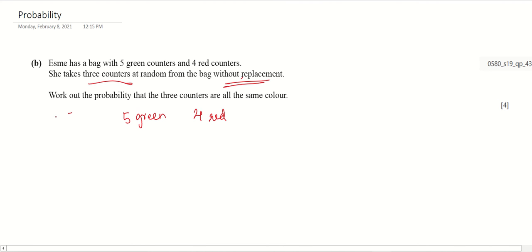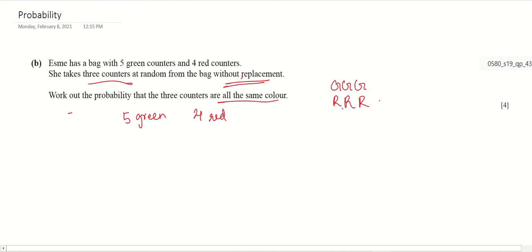So they're asking you to work out the probability that the three counters are all the same color. So they have to be the same color, right? That means that it can be green, green, green, and it can be red, red, red, right?